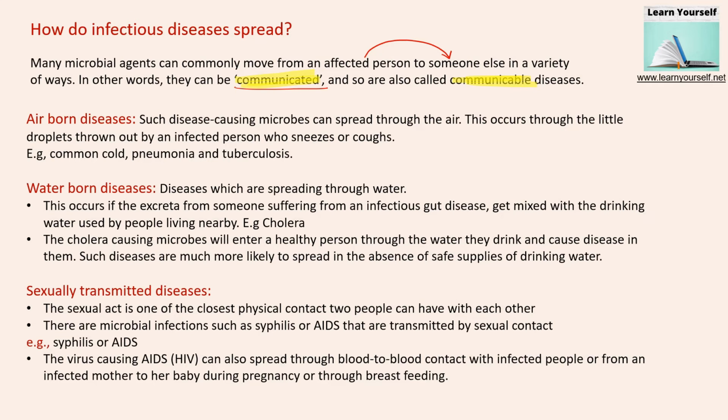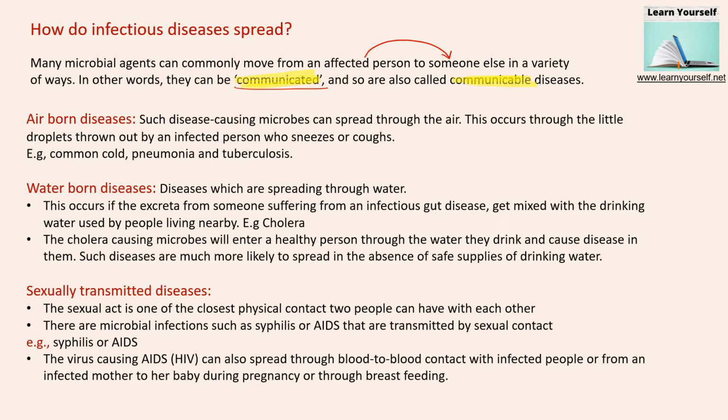Once those droplets come in contact with a healthy person, and that person inhales the infectious air, it is very likely that the person will catch that infection. Airborne diseases include the common cold, pneumonia and tuberculosis.